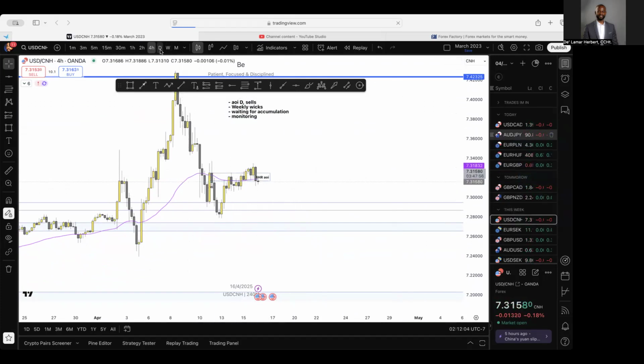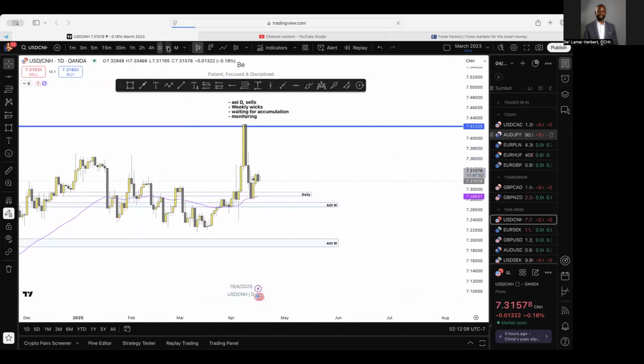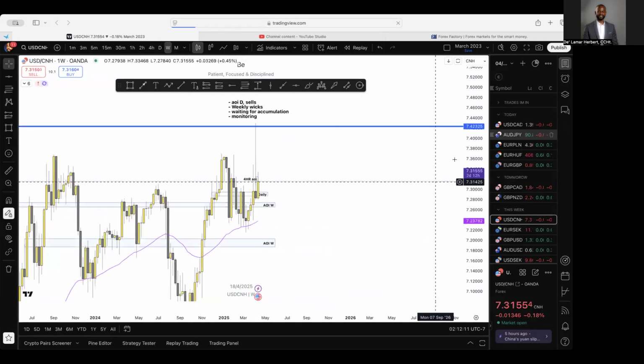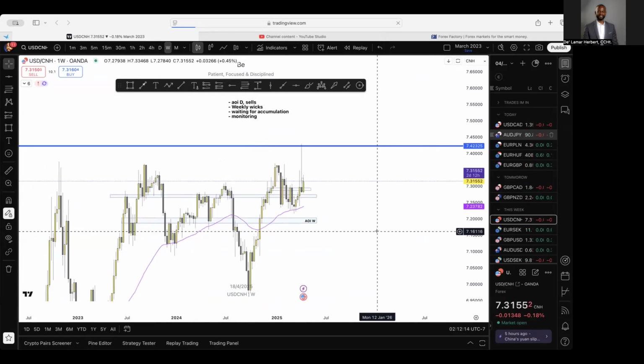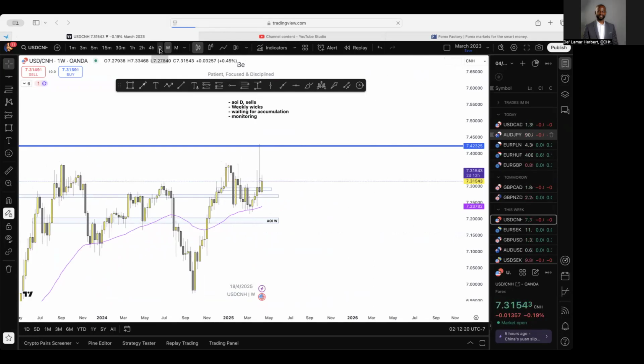The daily is bullish. Weekly looks bullish. And then we got sales. I'm kind of like everywhere with this one here. So I'm gonna take this off the map, just because I'm confused, so I don't want to take any confused trades.